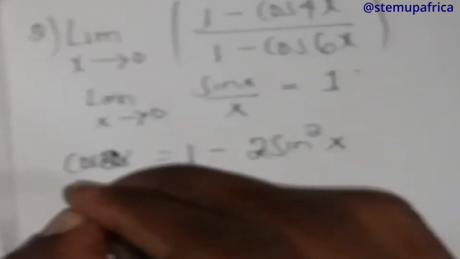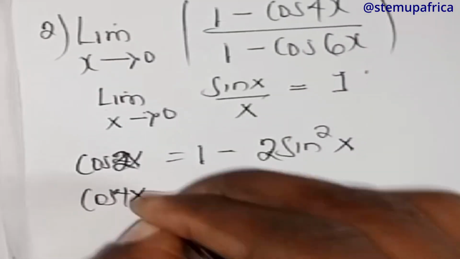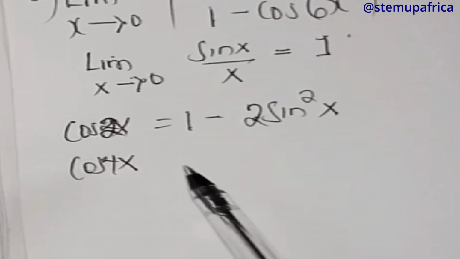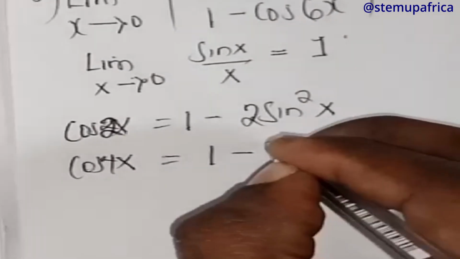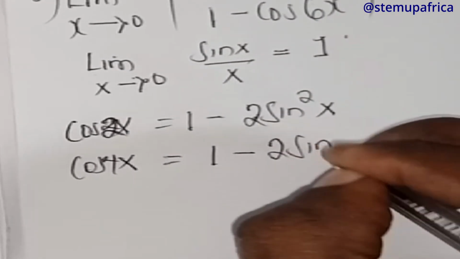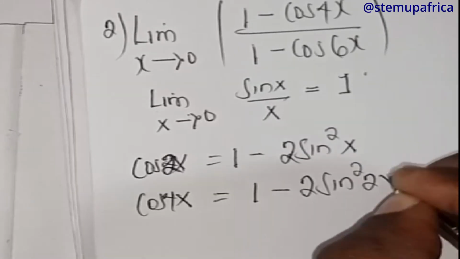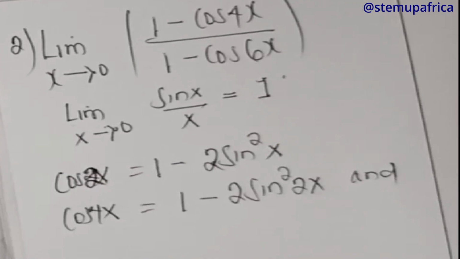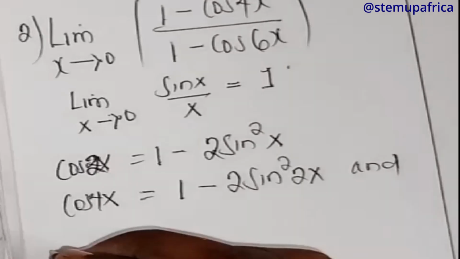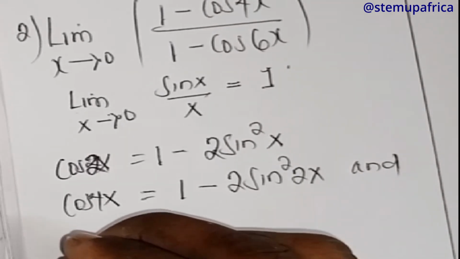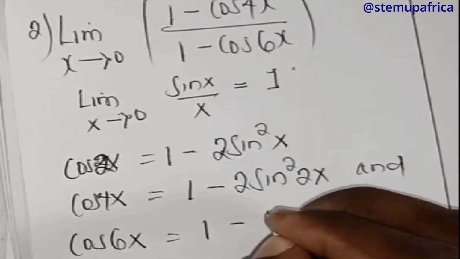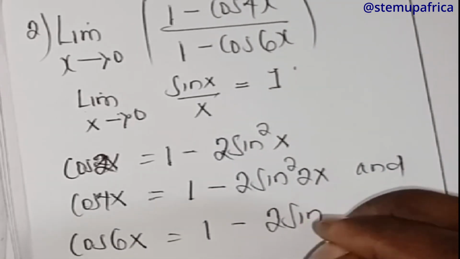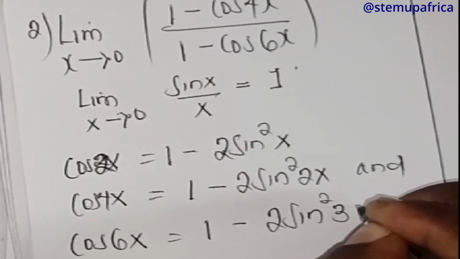So let's use 2x as a standard to judge 4x and 6x. Cos 4x will give us 1 minus 2 sine square 2x. And cos 6x will be 1 minus 2 sine square 3x.